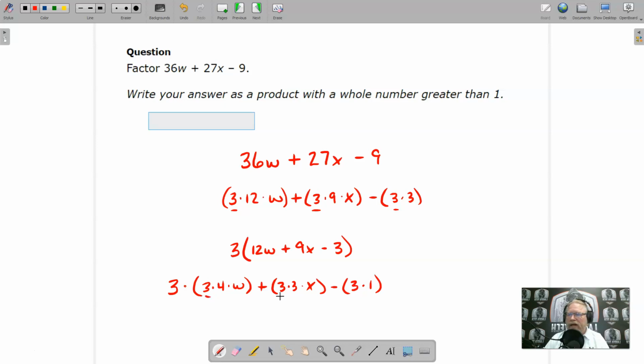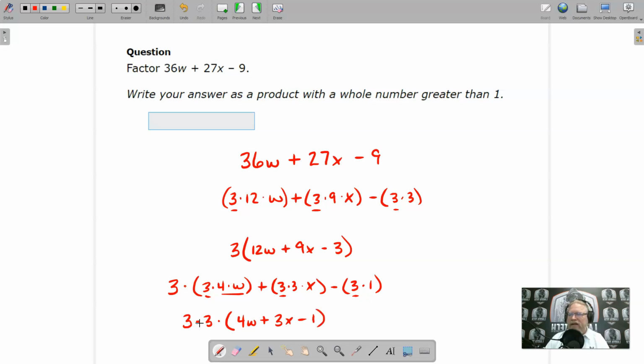So now I'm going to pull a 3 out of each of these. So I pull an additional 3 out, 3 times 3, right, times, and then what's left over here, I have a 4w, plus, I have a 3x left over, and I have a minus 1 left over.